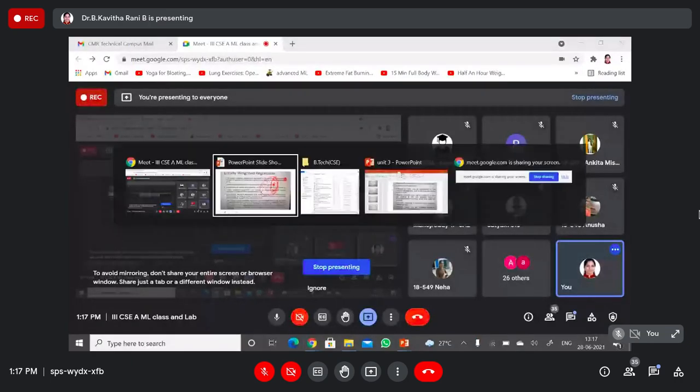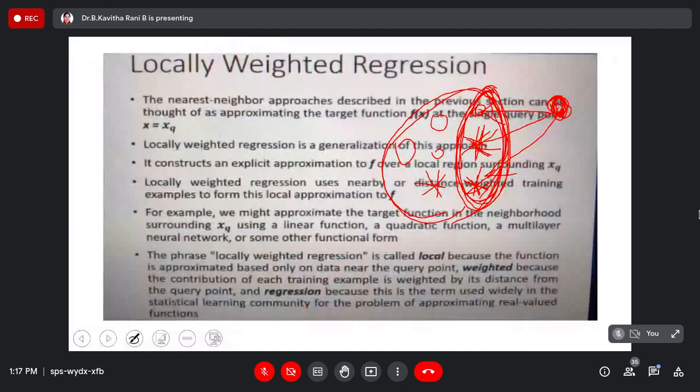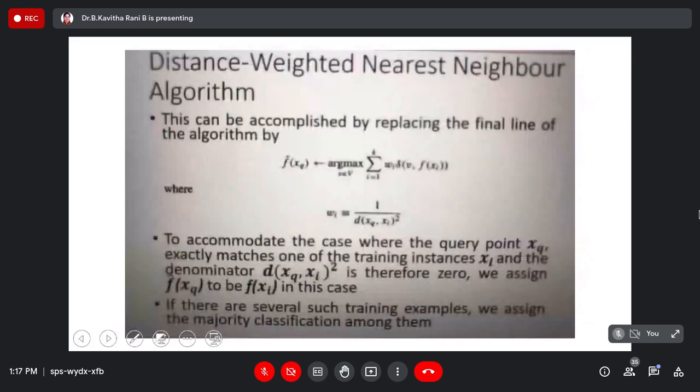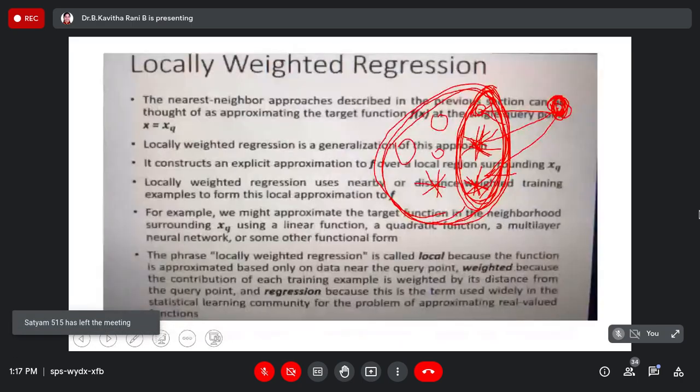So if it is comparing with the local neighbors, then it is called locally weighted. If the new instance is compared with all the attributes, then it is called global.